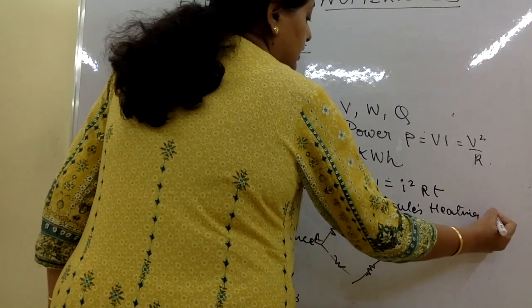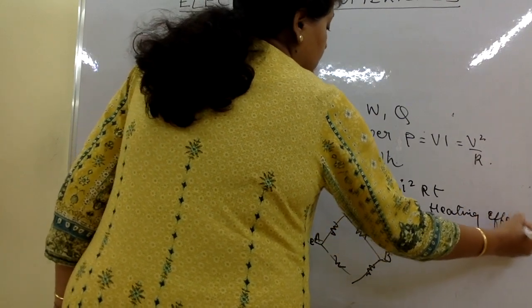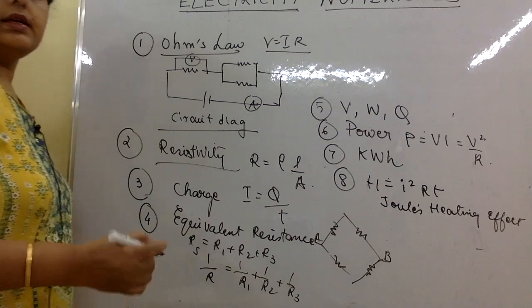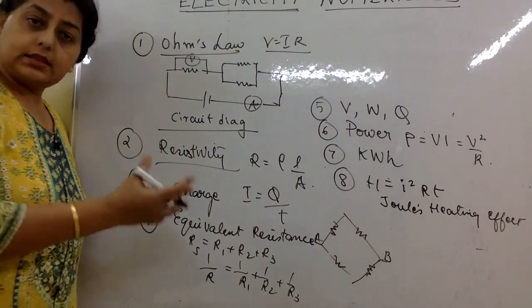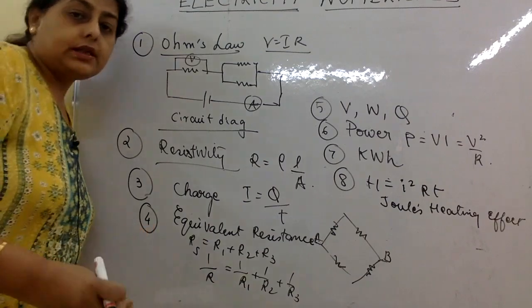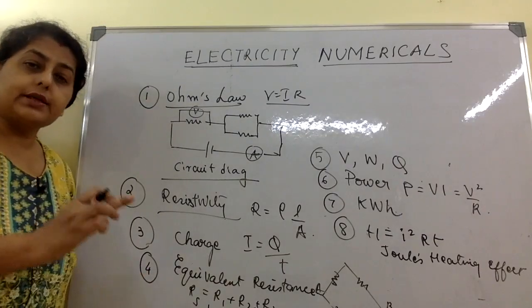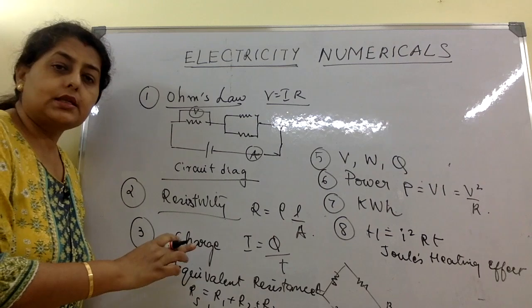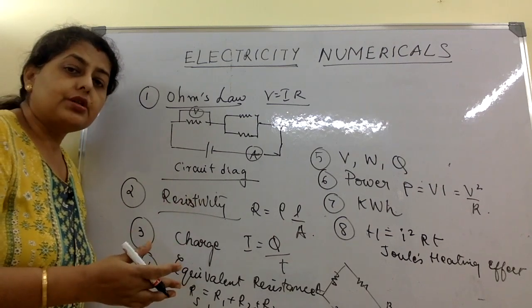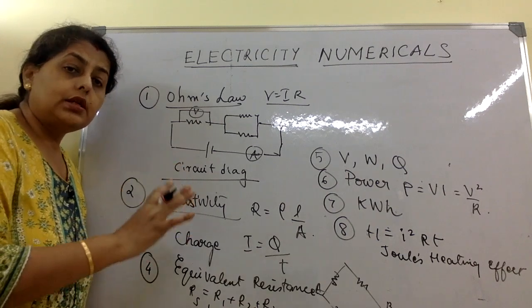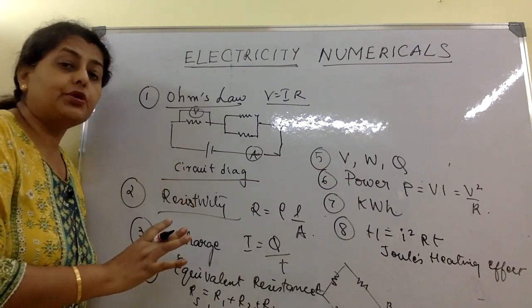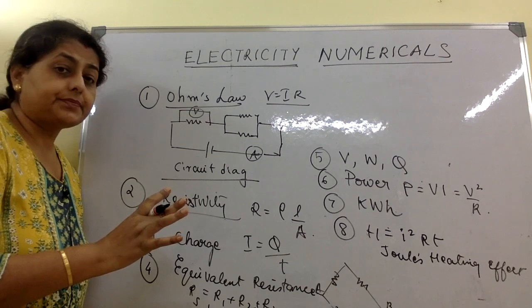These are the different questions. This is all I could remember, but if you still remember anything which I have missed, you can write in the comment section. I'll go through it. So these are the types of numericals that are asked in electricity.